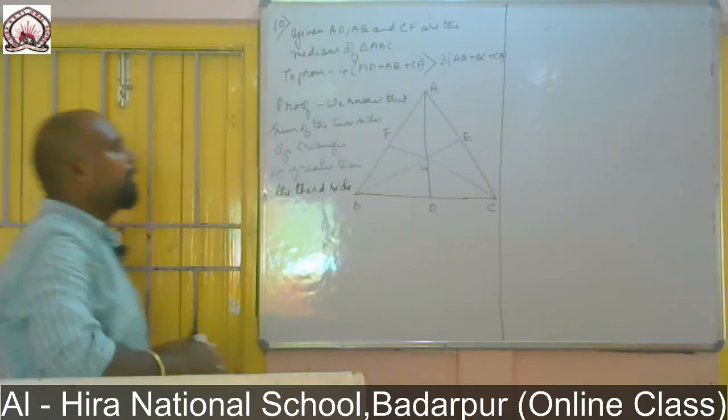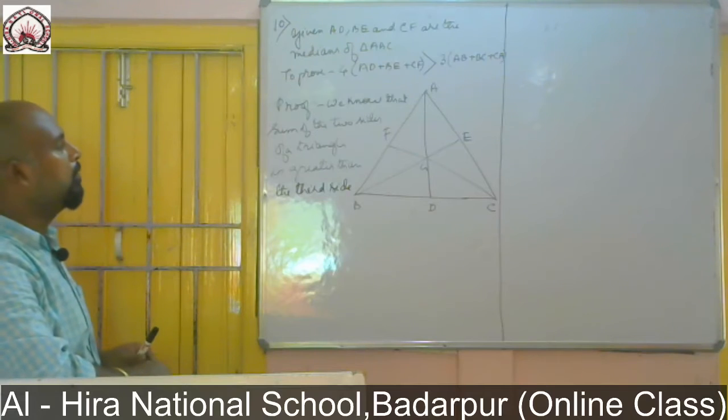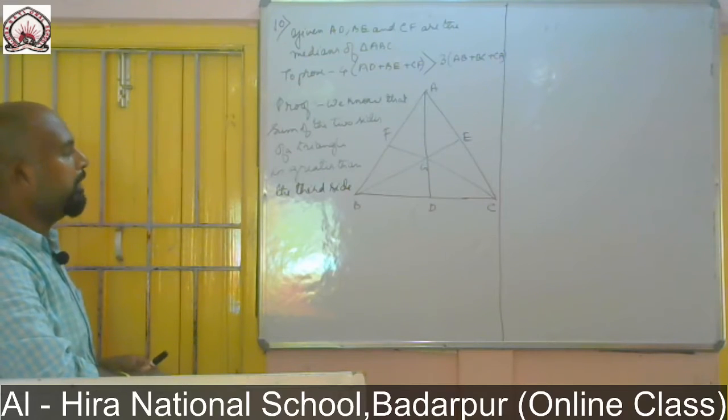Okay. Now we know that the sum of two sides of a triangle is greater than the third side.